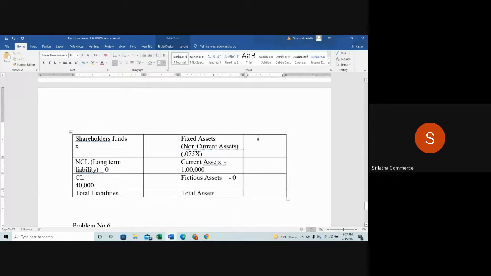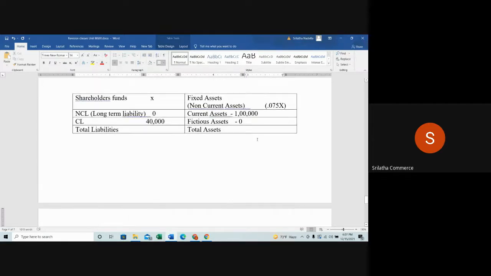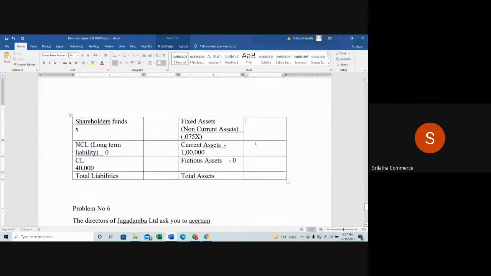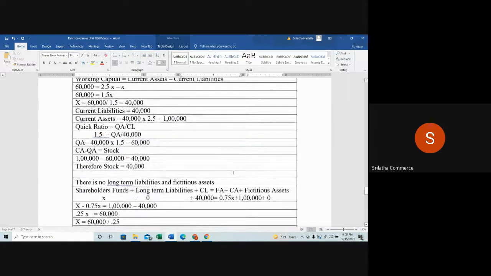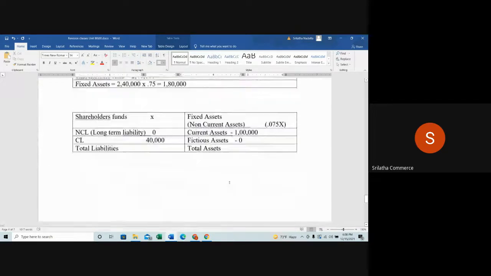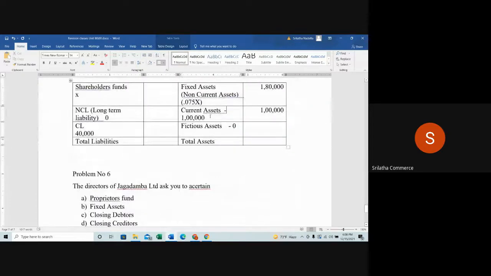Now fixed assets, how much we got? Fixed assets are 1,80,000. Then current assets are 1 lakh. In current assets, what information we got? Only stock.